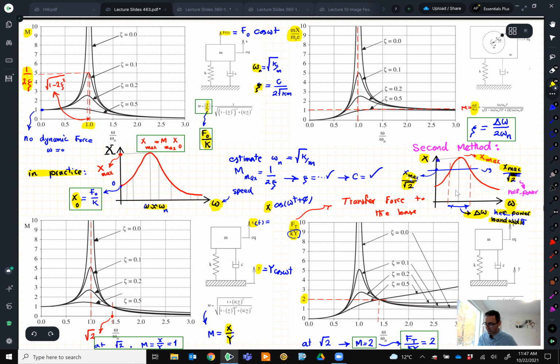And it's not symmetric. On this graph that I showed, it looks symmetric, but the graph is not symmetric around omega n. And this is our omega n, our natural frequency. Okay, so two methods then, in practice, of how people use these graphs. I hope it's clear. Let me check the question in the chat.